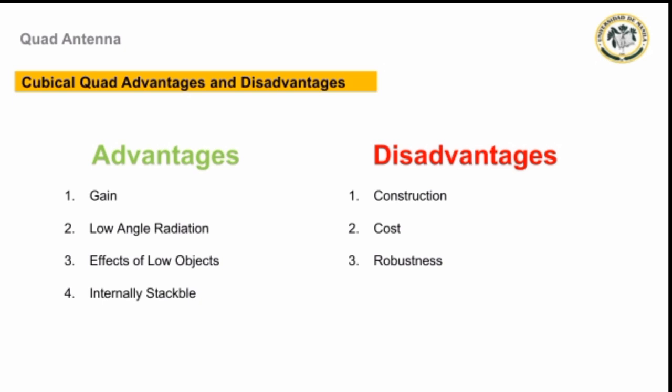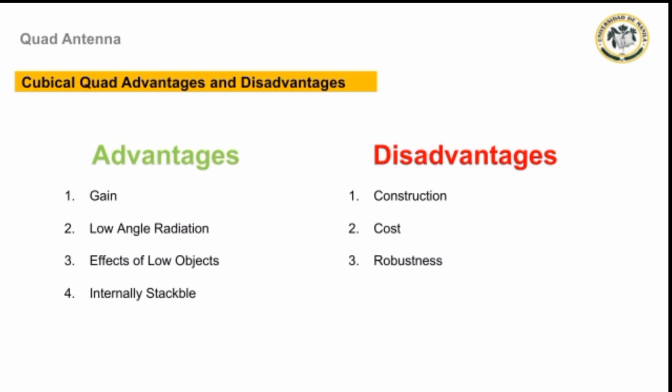Second is low angle radiation. The fact that the quad antenna is effectively a pair of stacked dipoles, it offers a lower angle of radiation than that provided by a single Yagi. It compares to a pair of stacked Yagis. Third is effects of close objects.